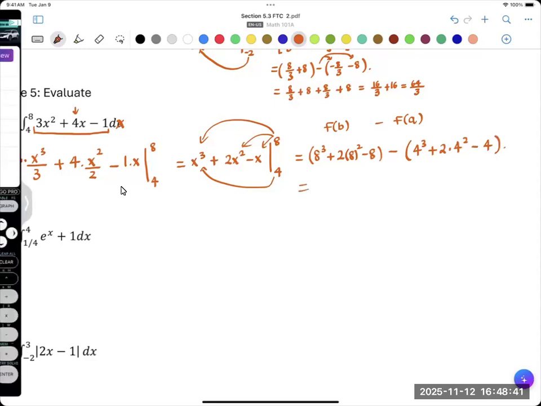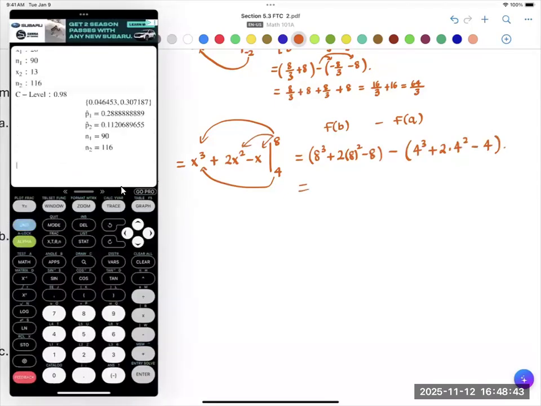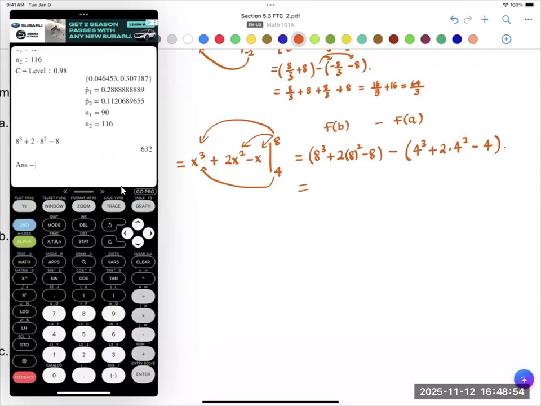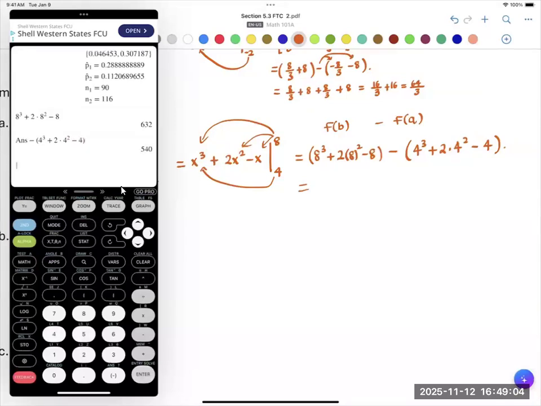And if you have a calculator, we're going to use the calculator to evaluate that. So we have 8 to the power 3 plus 2 times 8 squared minus 8, and then minus 4 to the power 3 plus 2 times 4 squared, and then minus 4. We have 540.